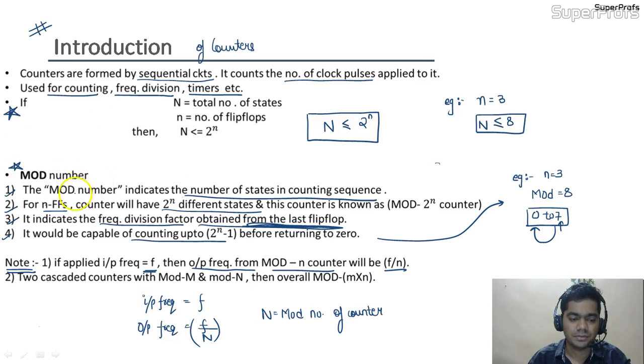Second is mod number. These 4 points are important, and for these 2 note points, you can write them with a different pen or just highlight them, because they would be very useful in the problem solving session. So quickly write these points. Then we are going to see the 2 basic classifications of counters.